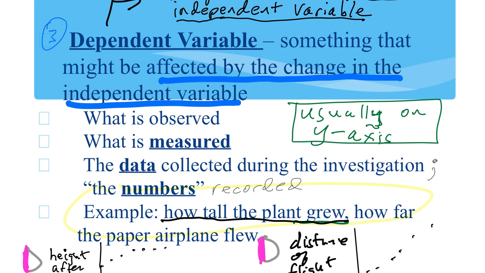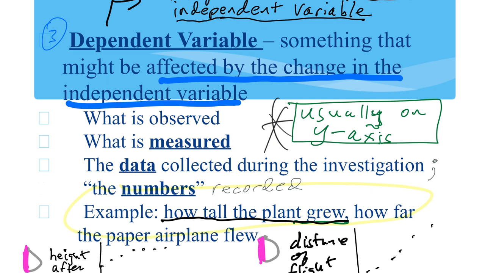That graph I just showed you, the dependent variable is the thing that might be affected by the change in the independent variable. So you saw the bars were different heights in that previous graph. Okay, so they always go on the y-axis.